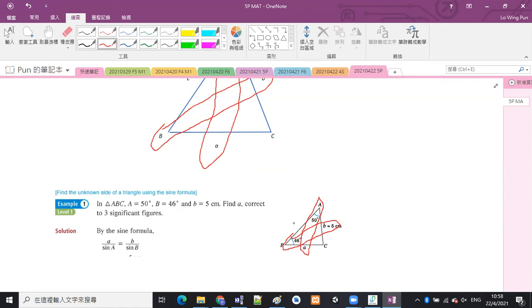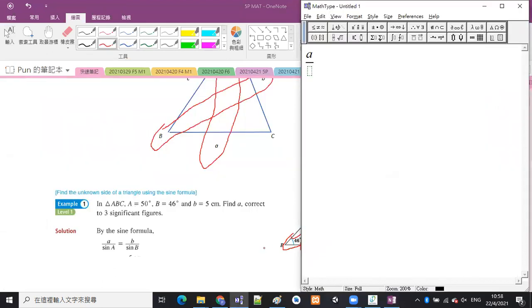What are we going to find in this question? It is the length A. So we put the length A on the top left corner, like this: A over sine angle A. The other pair puts the length on the top, and then sine angle B. Length A is what we want to find, angle A is 50 degrees, length B is 5 cm, and angle B is 46 degrees.